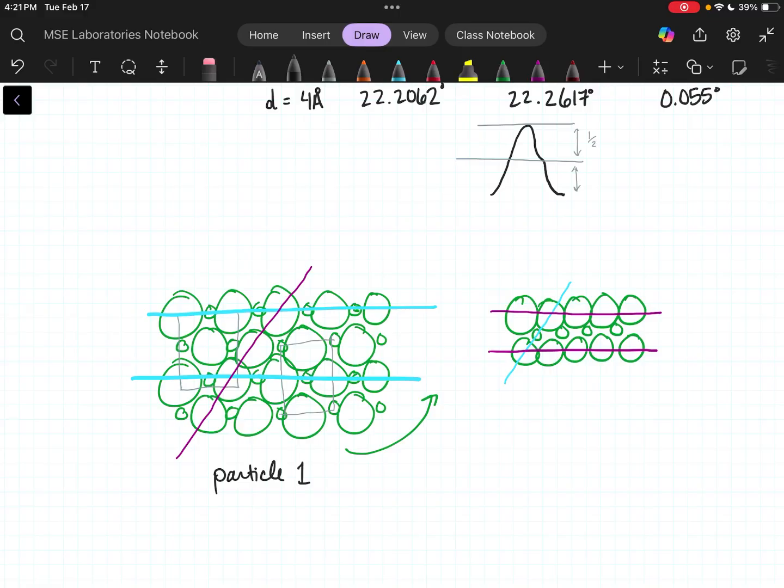So this is particle 1 here, and it's doing a great job of showing my detector this blue d-spacing. But if I don't have particle 2, then I'm never going to see any information about the purple spacing.